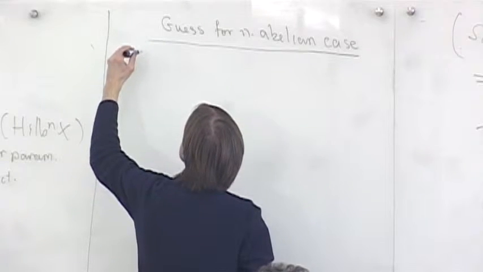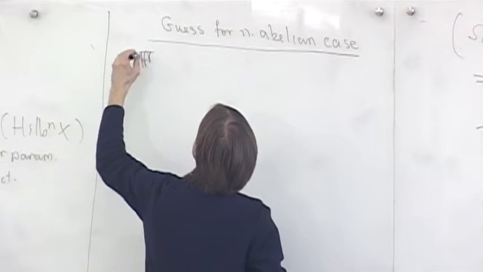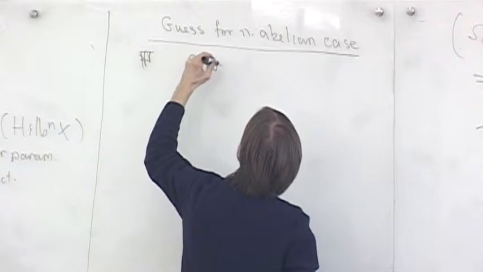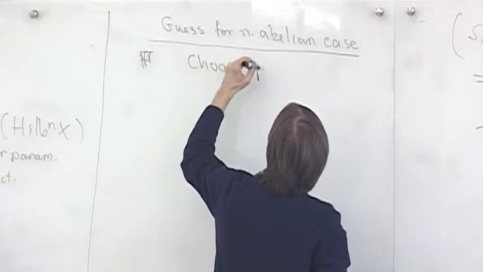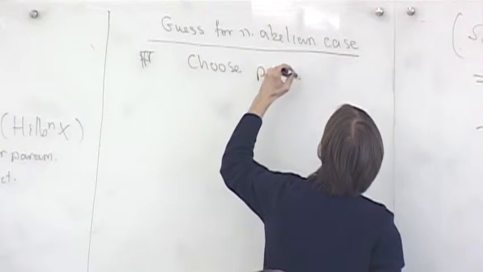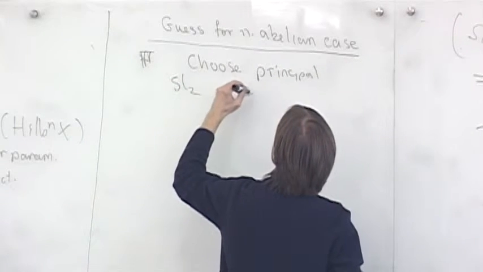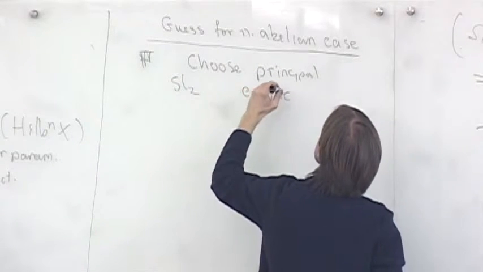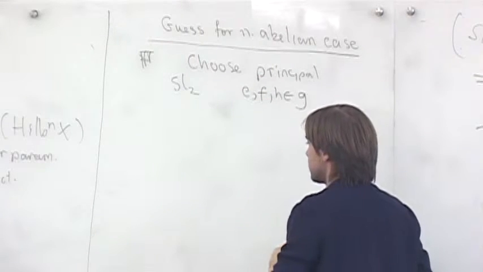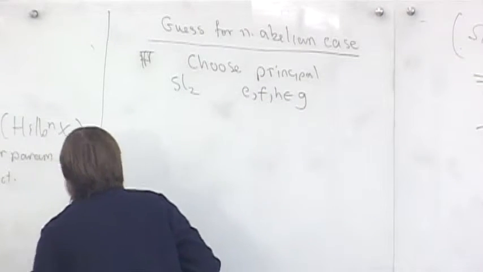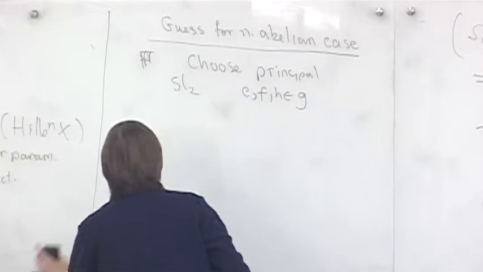That the fields, okay, let's choose an SL2 triple, a principal SL2, given by E, F, H in our Lie algebra g.